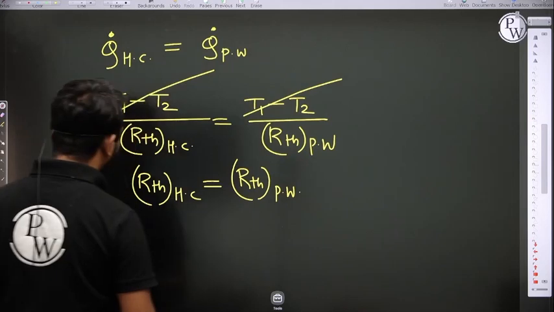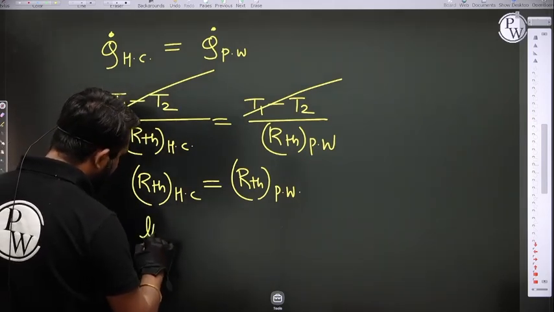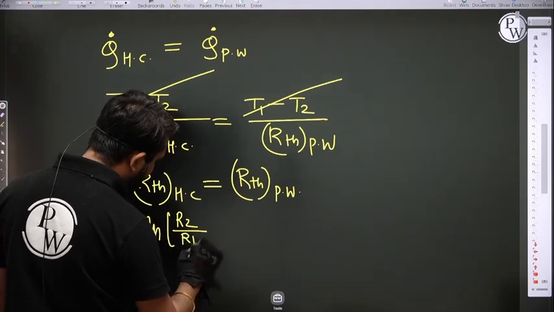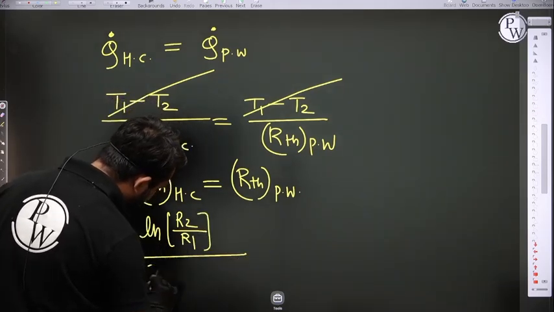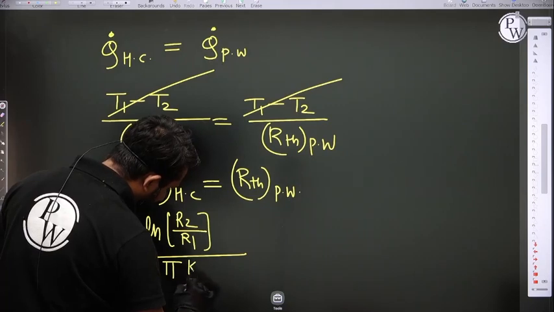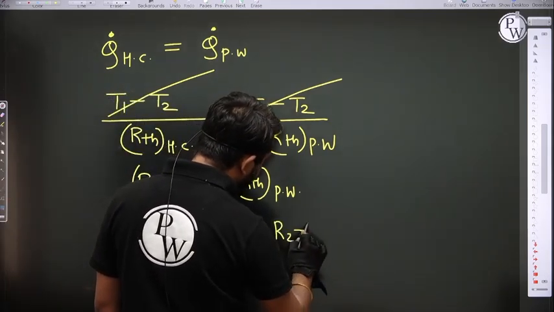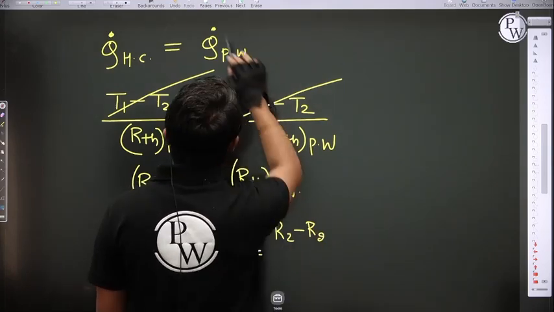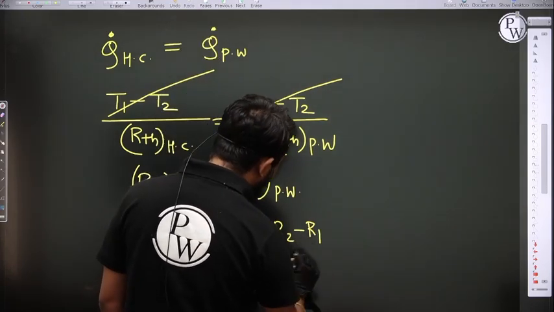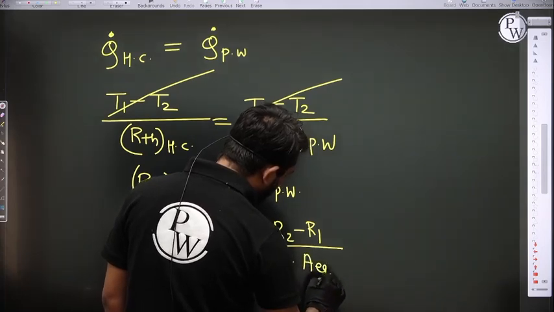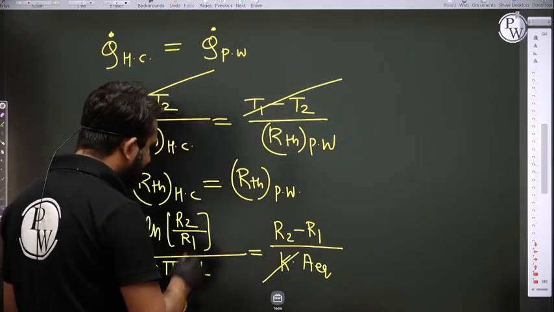Right. And what is the thermal resistance for the hollow cylinder? This is ln R2 by R1 divided by 2 pi KL, and that is equal to, here this is R2 minus R1, the thickness delta, by K A equivalent. So this K and this K cancel out.